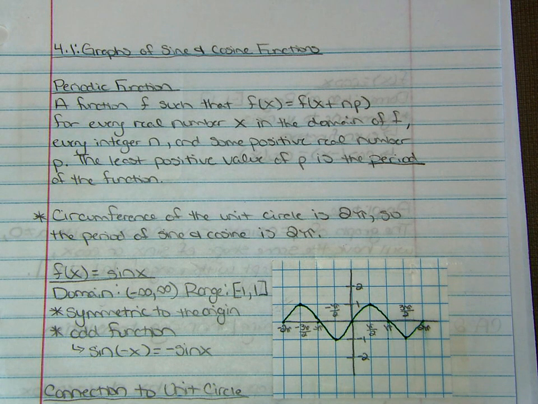So, periodic functions. A function f such that f of x equals f of x plus np for every real number x in the domain of f, every integer n, and some positive real number p. The least positive value for p is the period of a function. Periodic functions repeat.